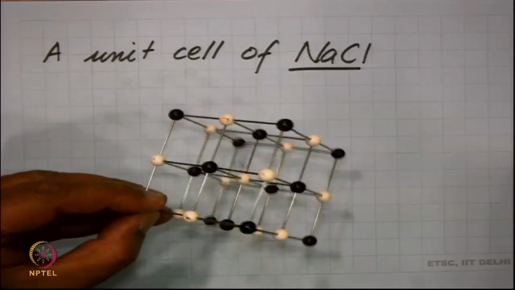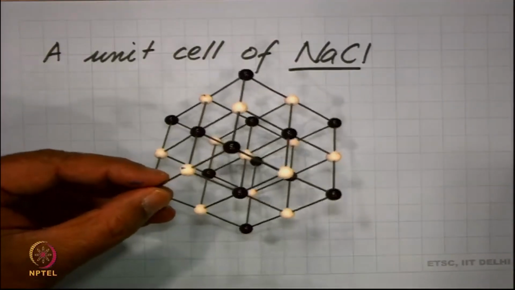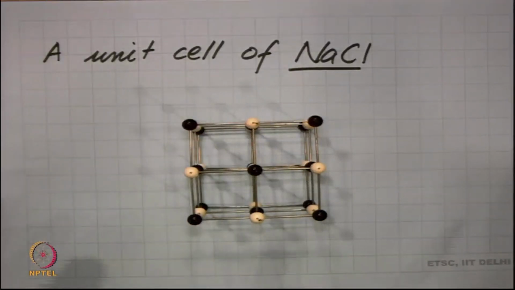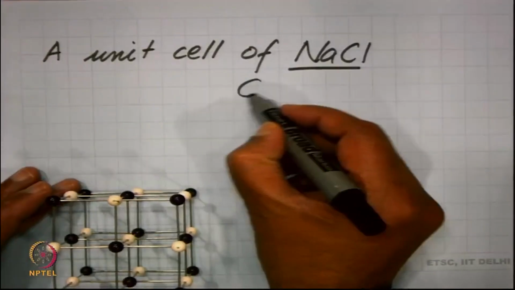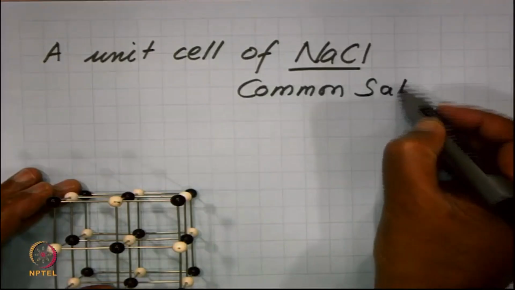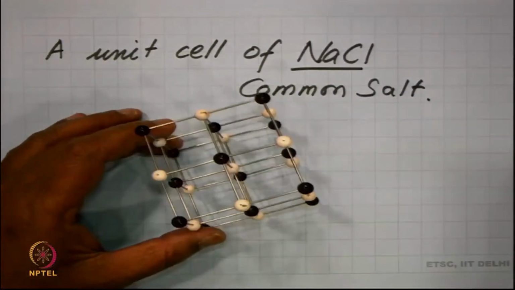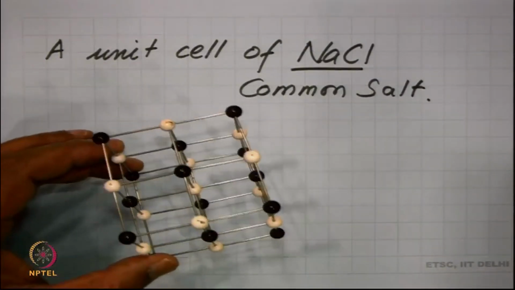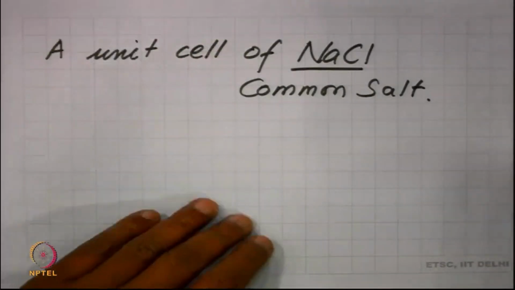So, I have a three-dimensional periodic arrangement of sodium and chlorine atoms represented by this unit cell, and this is the crystal of sodium chloride, also known as common salt. We will look at this unit cell and this crystal structure in more detail as we go along. At the moment I am showing you just as an example to begin with.